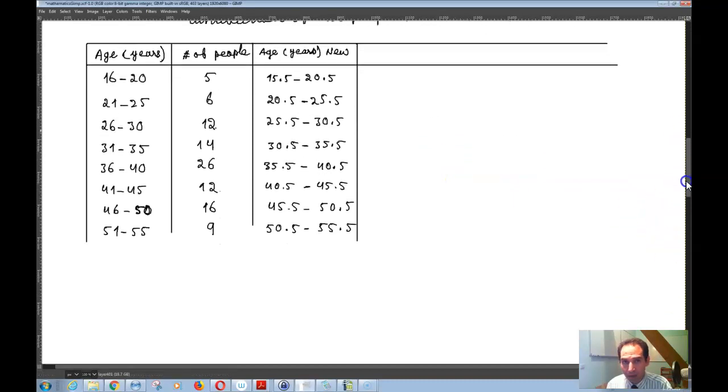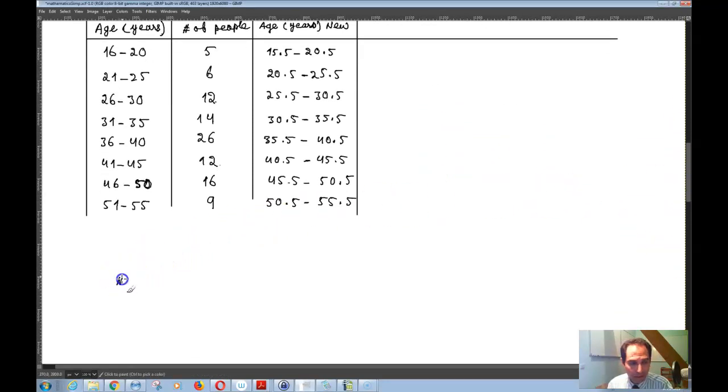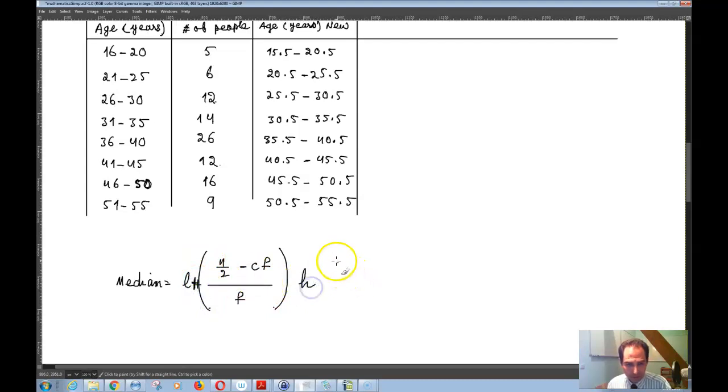We want to calculate the median, which is equal to L plus n divided by 2 minus cumulative frequency, over frequency, times the class size h.